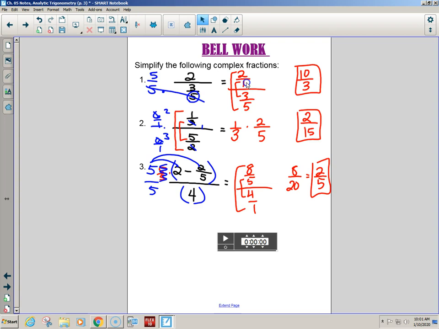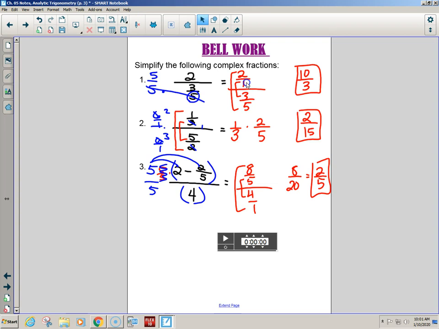We're trying to get to the point where we can see something they're telling us is true and show why. You might think this is dumb, but they're trying to get you to use the skills you've developed to take a nasty expression and make it simpler for the purpose of being able to actually finish a problem.